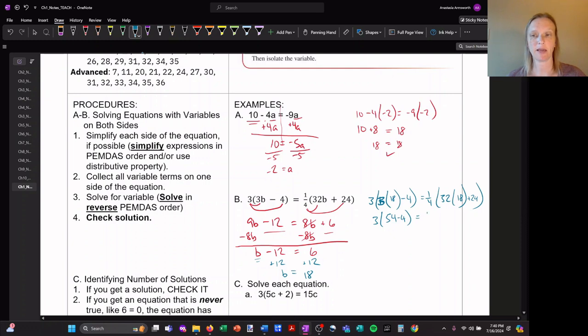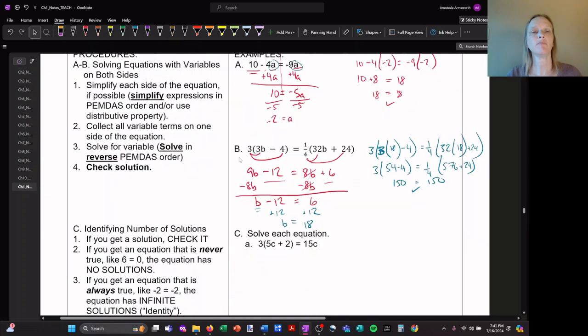And is that the same thing as 1/4 times 576 plus 24? You can just plug this into your calculator and confirm that each side of the equation is equal. If you multiply this out, it does equal 150. Multiply this out, it does equal 150. So yes, our answer checks out.